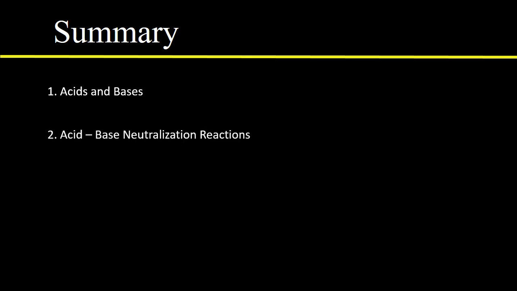All right, we looked at neutralization reactions, and in all of these neutralization reactions, the pattern is always an acid plus a base gives you a salt and water. And remember, salt in this case is a generic term, meaning any kind of an ionic compound.